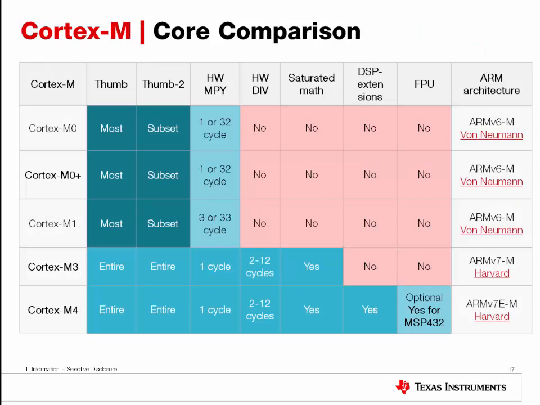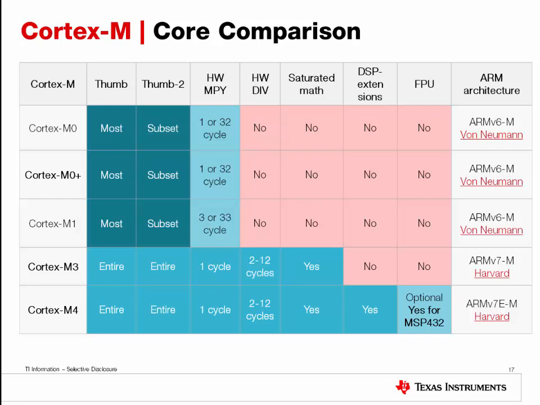This slide gives you a quick overview to compare the different flavors of the Cortex-M cores, starting with Cortex-M0 all the way to Cortex-M4. As you can see, as we increase the complexity in the core, more instructions are being added to the instruction set, as well as other additional features like hardware multiplier, hardware divider, saturated math capabilities, DSP instruction extensions, as well as a floating point unit.